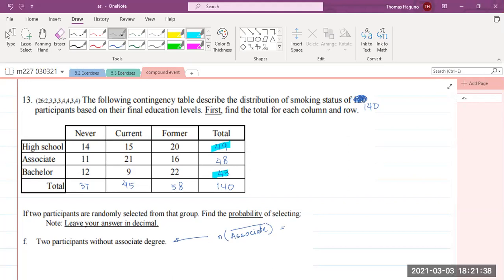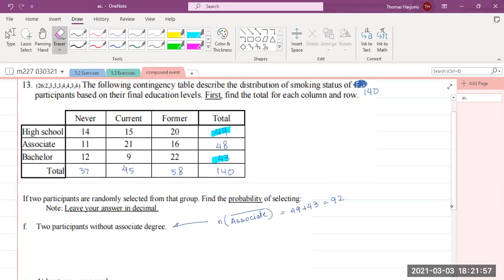Okay, so there are 49 plus 43, which is 92. So that's the number of people without associate degree, or the final education level is not associate degree.